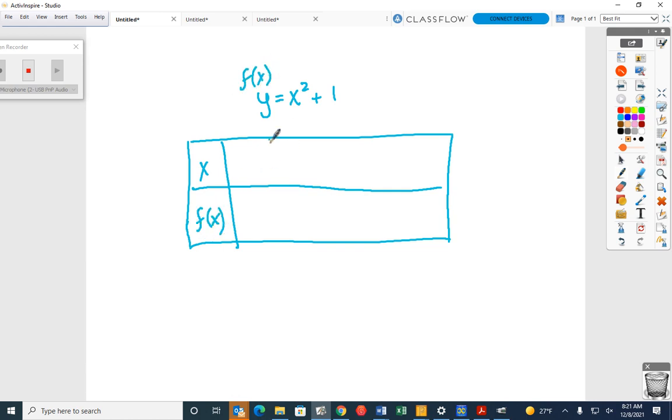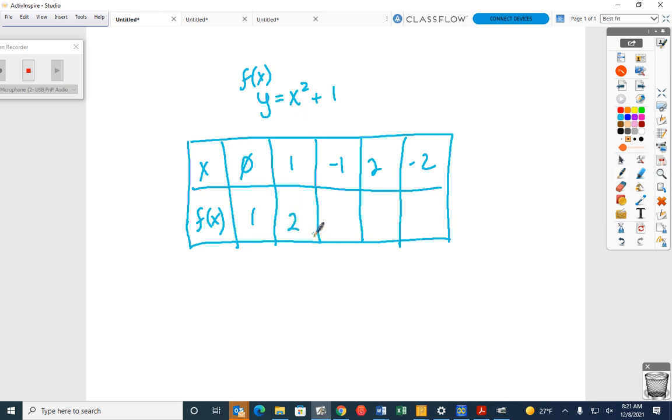If I give you your values, let's say I did 0, 1, negative 1, 2, negative 2. Does this look good to graph a nonlinear function? Yeah. All I have to do is plug these in for what? For x, right? So if I plug 0 in, what is 0 squared? And 0 plus 1 would be what? 1. Okay, if I plug 1 in, what's 1 squared? 1, and what's 1 plus 1?